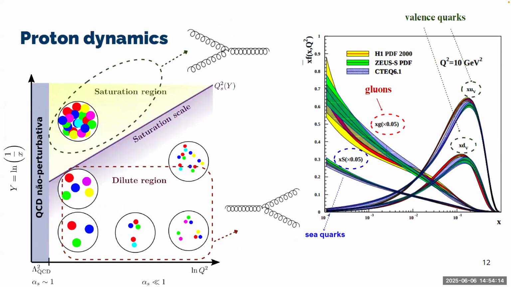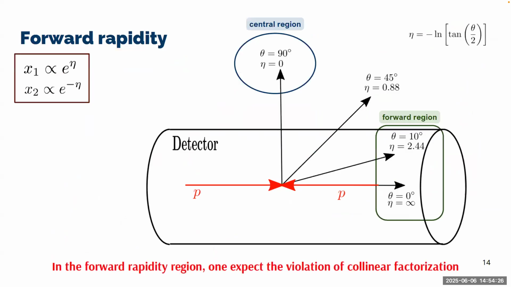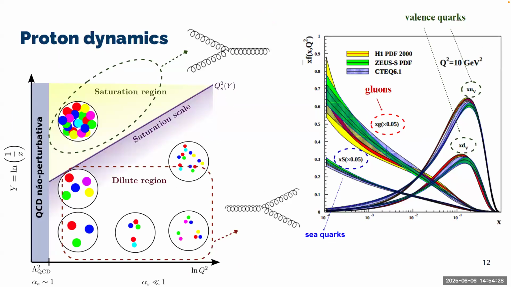Okay. Because of this. This was said before, in the morning, we have the picture of the structure of the proton, right? So we can look at these two images, right? This one gives the evolution.